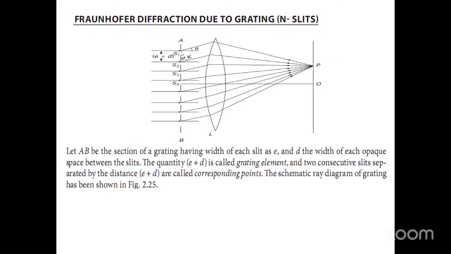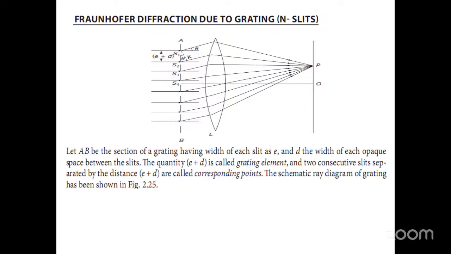Each line acts like an opaque, meaning the light does not pass through it, but through the gaps between the equidistant lines the light passes. This setup you can call a grating element.